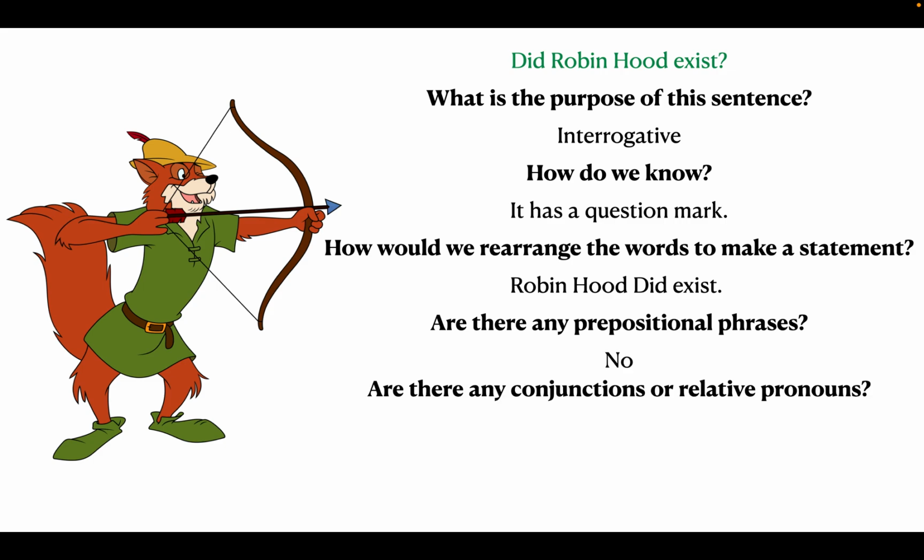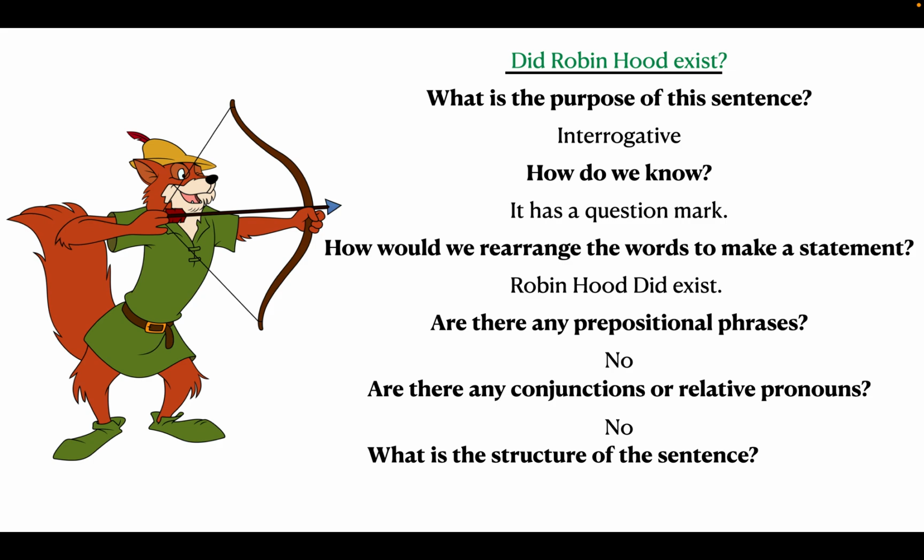No. Are there any conjunctions or relative pronouns? No. And again, these are not things that we have covered, but they are coming, and so it's just better to always ask the same questions and always go through the same process, even if these are things that haven't been introduced yet. Okay, so we're going to underline did Robin Hood exist, because it is an independent clause.